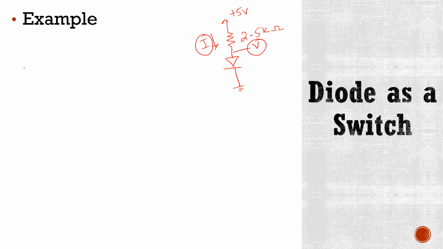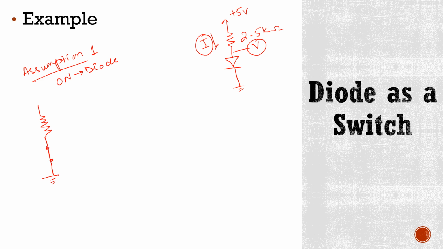Now first we assume that this diode is on. It means it is conducting or it is in forward biased condition, and we know that when diode is in forward biased condition, it is short circuit.